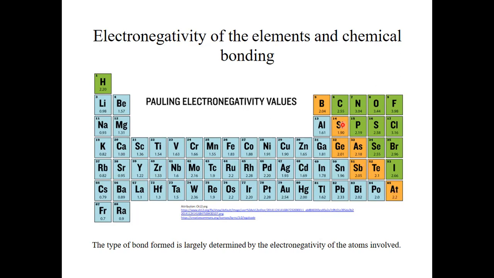For the non-metals, they tend to be significantly higher than 2. And for the metals, they tend to be significantly lower than 2, with some exceptions, like for instance gold. That is a general trend.